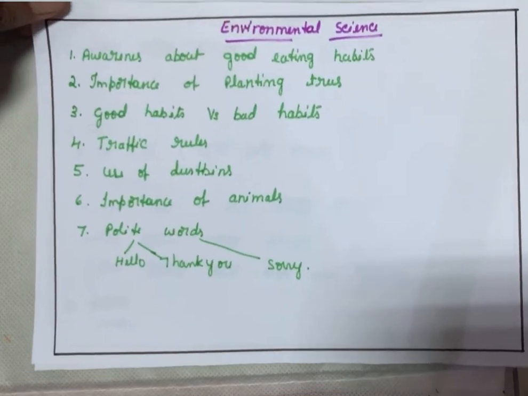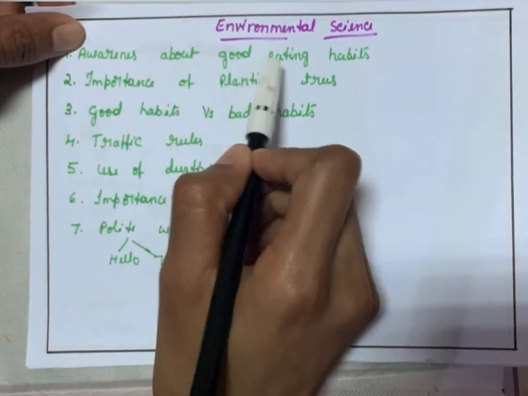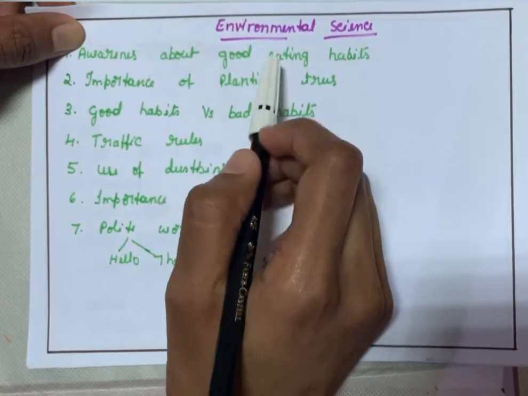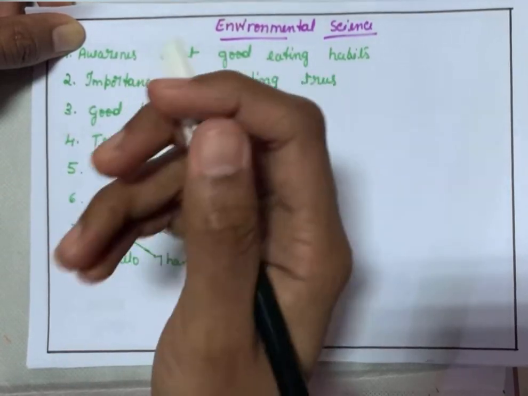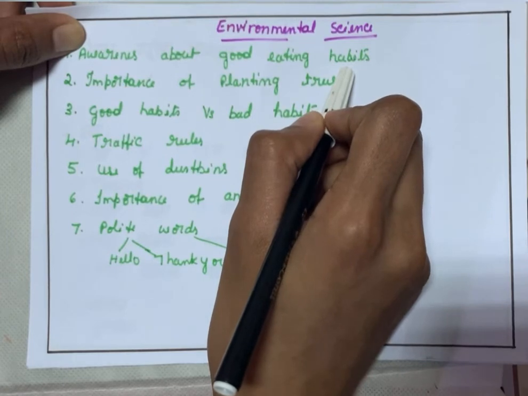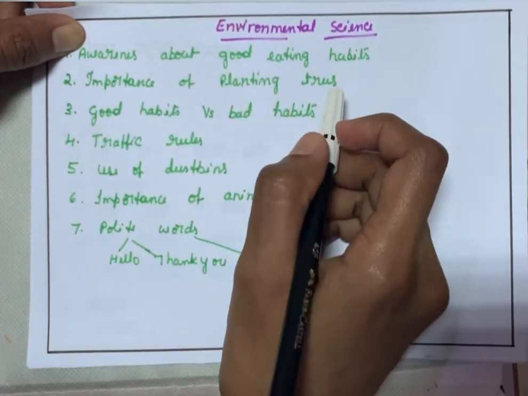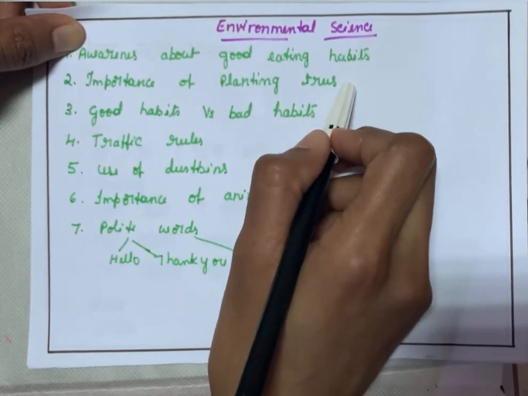So in environmental science, awareness about good eating habits is introduced, like you have to tell them which foods are good for our health, and what foods are unhealthy for our body. Next, importance of planting, so why we should plant trees and why trees are important for human beings.